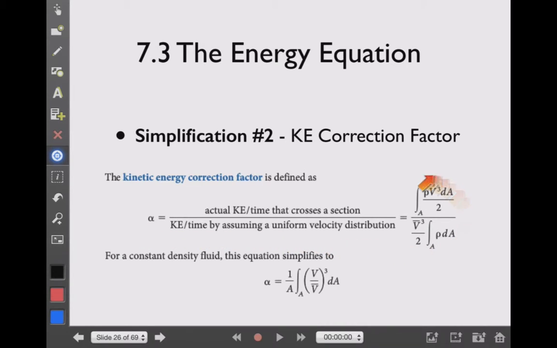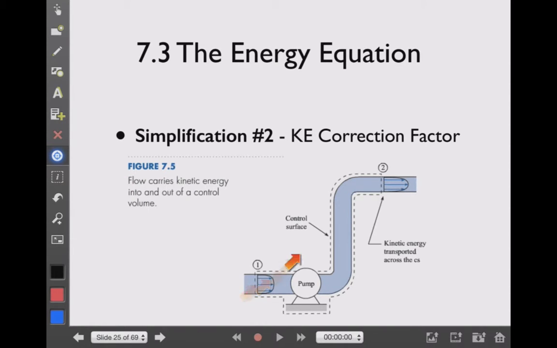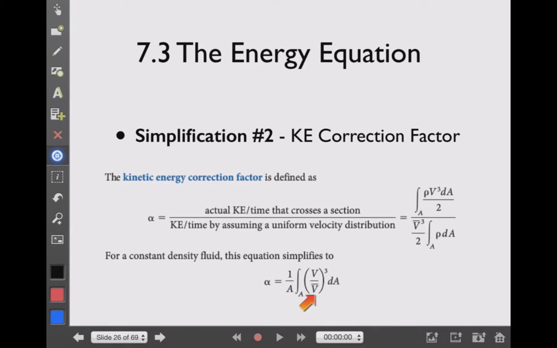So when we boil this all down, alpha becomes this value right here: 1 over the area, times the integral over the area of the true velocity profile, the velocity profile either here or here at these two places, divided by a uniform velocity, the mean velocity across there.